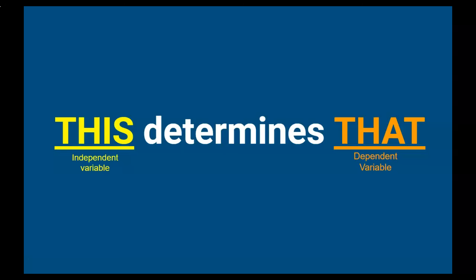So when given a problem, you're going to be asked to determine an independent variable and a dependent variable. And this statement here, this determines that, will help us figure out which variable is independent and which variable is dependent.